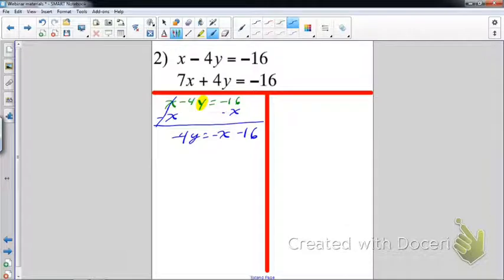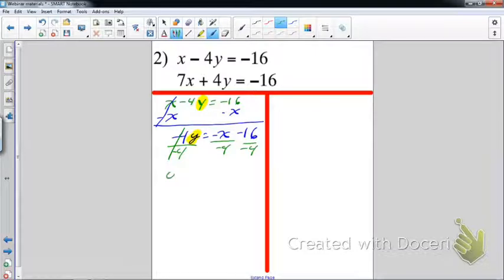The next step is going to be dividing by -4, because remember what we want is to get y by itself, and it has to be positive, okay? Those are the two criteria that we have for y. So we divide everything by -4. So that simplifies to 1.